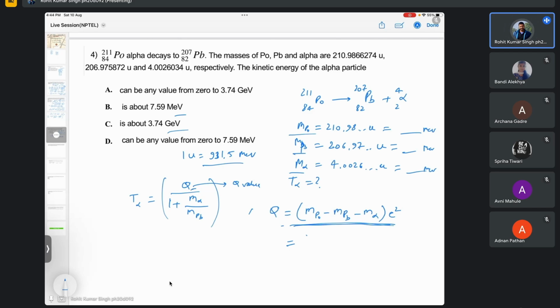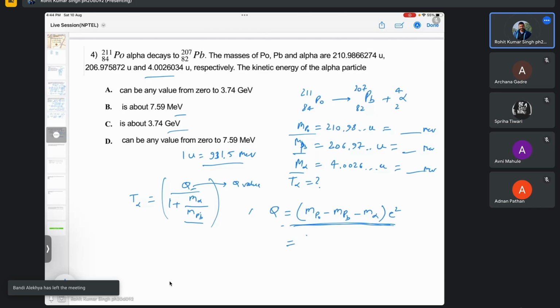You put the mass of the alpha particle, which is given here as 4, and for the mass here you don't need to convert it into MeV, it's just the ratio, so you put it in units of U. Then you can do a simple calculation of the kinetic energy of the alpha particle. So should we go through this problem, or should I leave it for you guys to try?